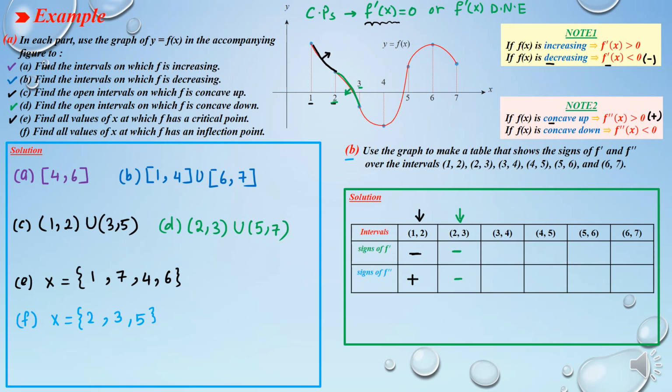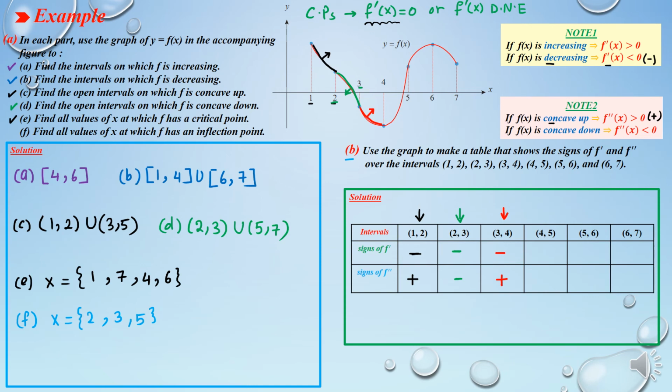Now in the third interval from 3 to 4, as you see, the function is decreasing, which means the sign of f prime is negative, and the function is concave up in this interval. Concave up means f double prime is positive.